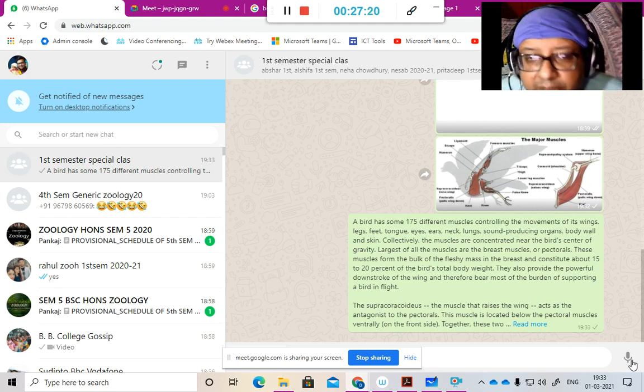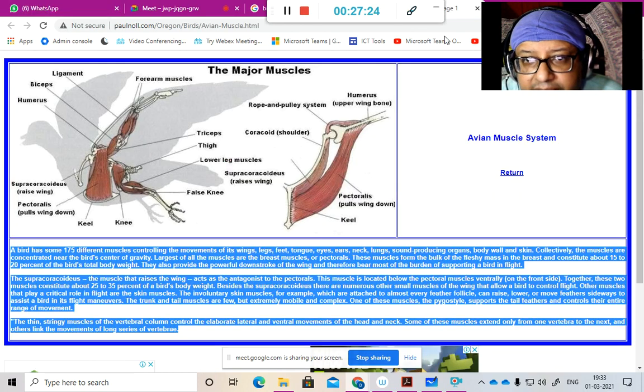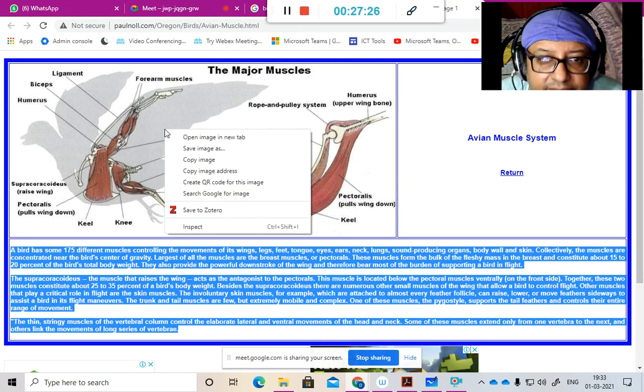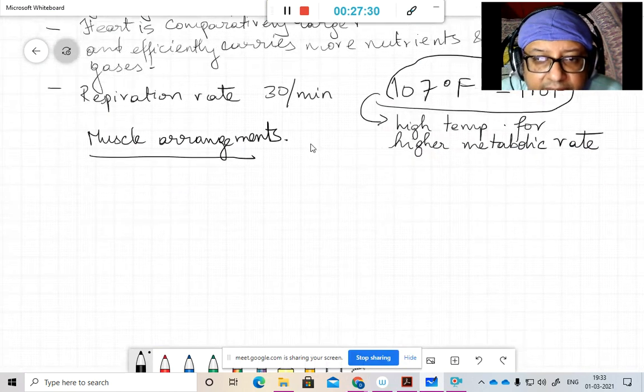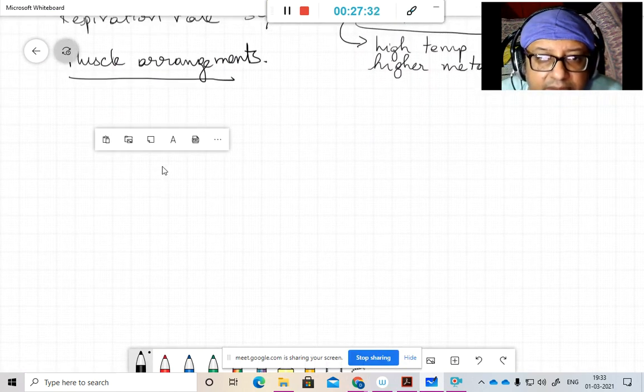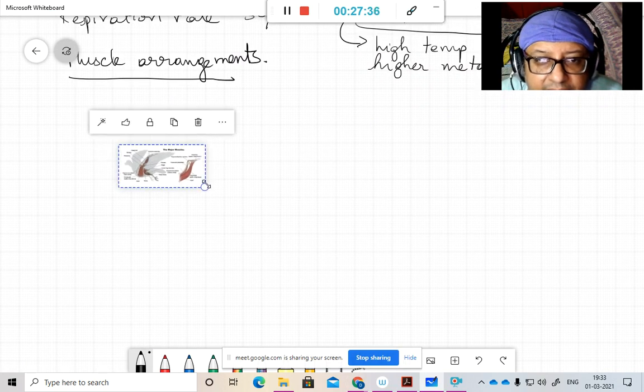This is about the bird muscle, a short nice part which I have found on the internet. So let's copy this image and paste it here.